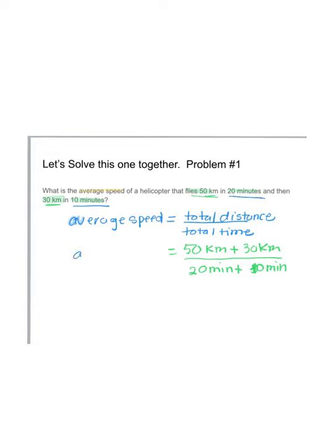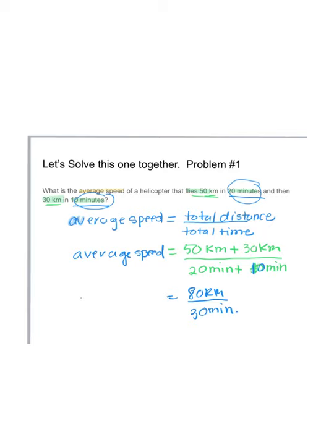So our average speed is then equal to 80 kilometers, I just added, over 20 plus 10, so we had 20 here and 10 here for a total of 30 minutes. So when we're looking at this problem, we now have 80 kilometers over 30 minutes.